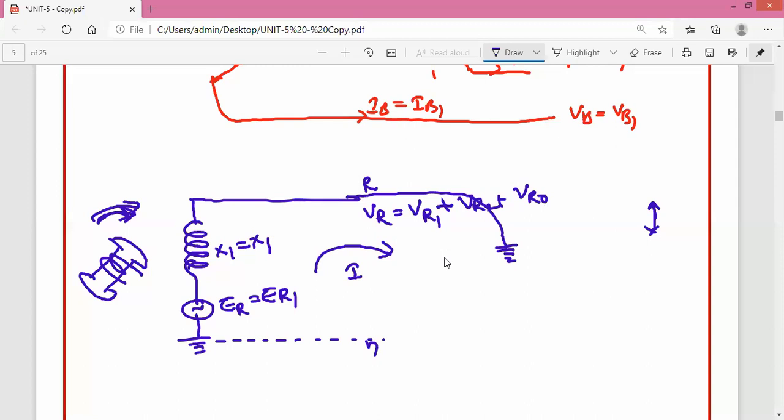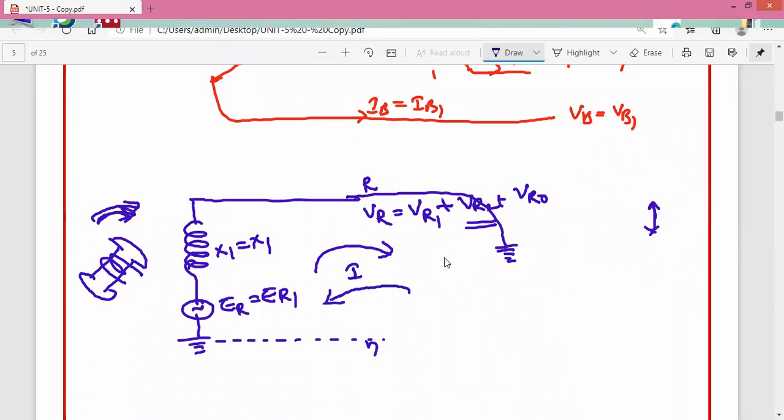But whenever there is a fault, there exist unbalanced parameters, and these unbalanced parameters will be replaced by a set of three balanced components. Therefore, a negative sequence component also exists as and when there is a fault. Negative sequence is nothing but the one flowing opposite to the positive sequence component. Got my point? Okay.